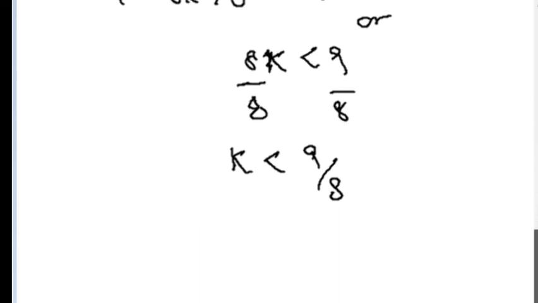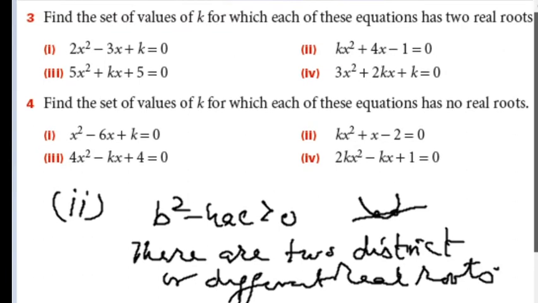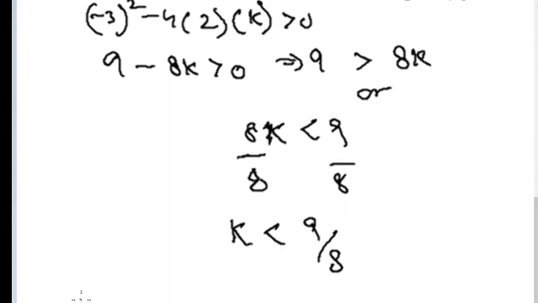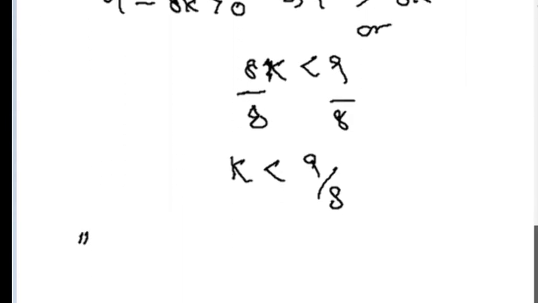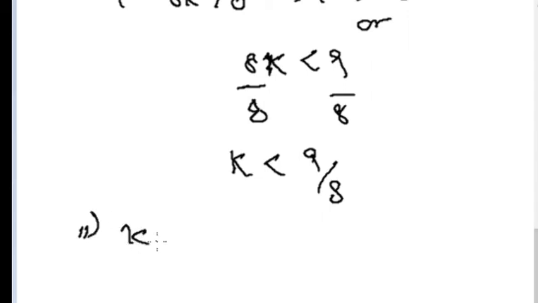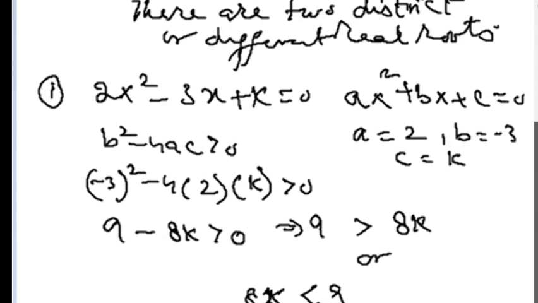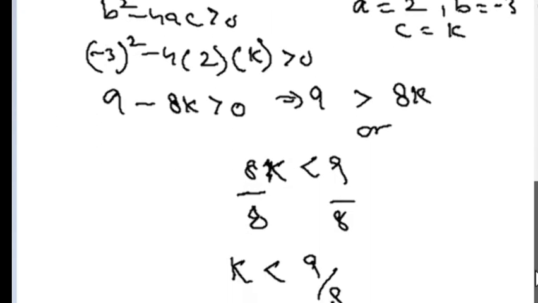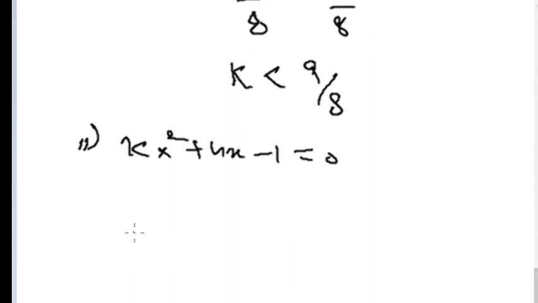Now the next part. Let's do part 2. Part 2 is k square plus 4x minus 1 is equal to 0. When there are two real roots, the discriminant is greater than 0. b square minus 4ac is greater than 0.